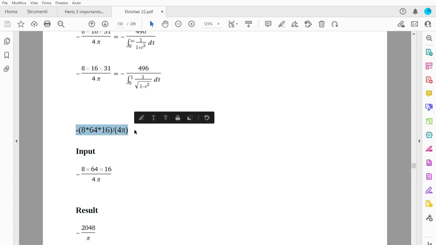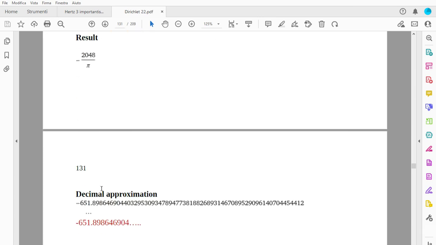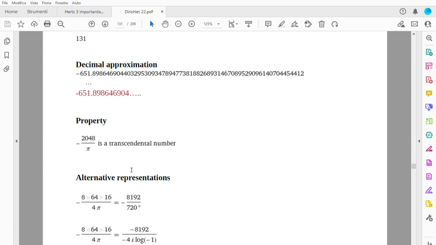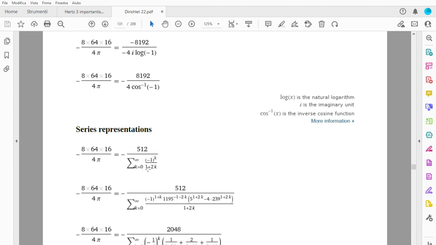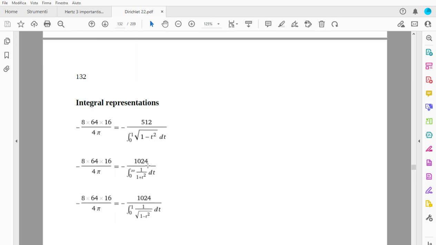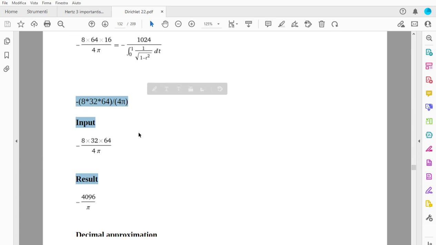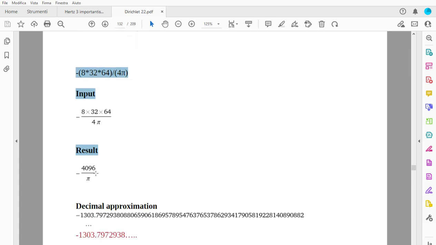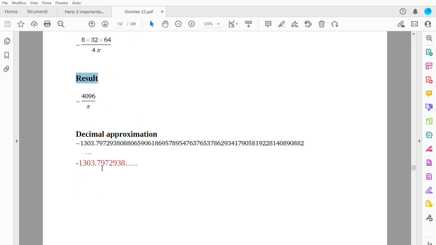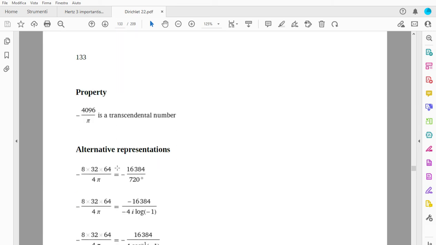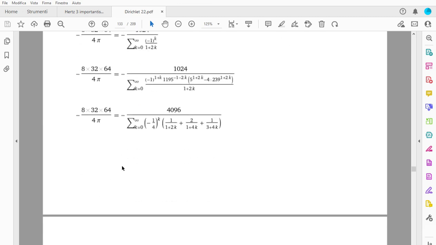Two, that is the result and the study of the function. And three, this expression, this is the result that is equal to this value and the study of the function.